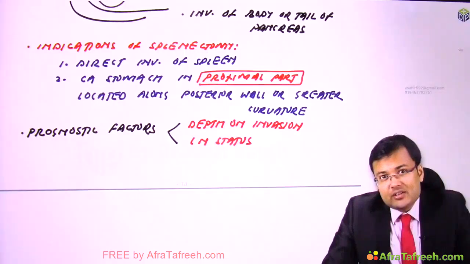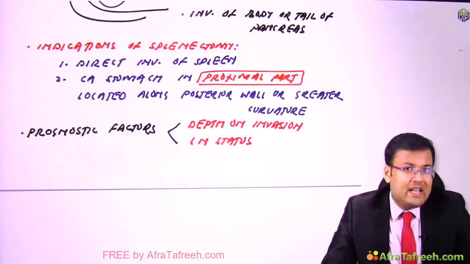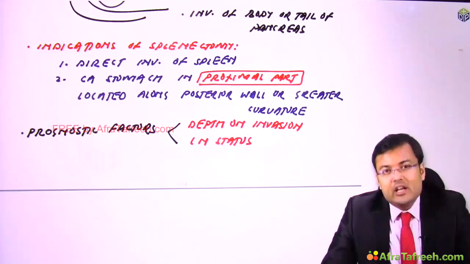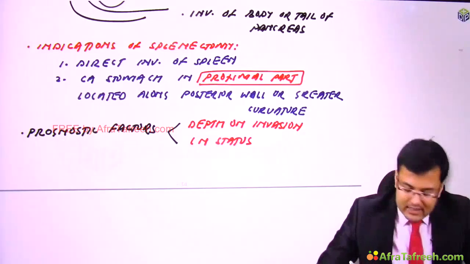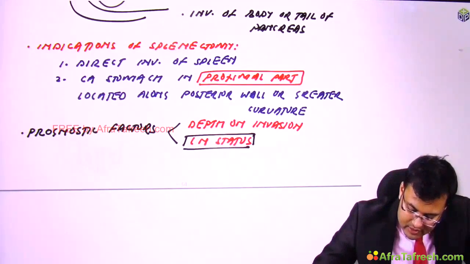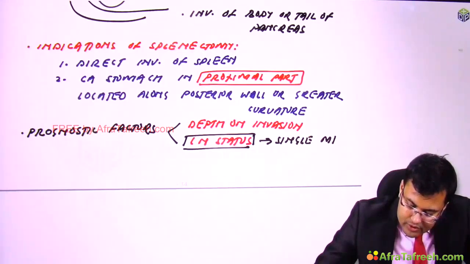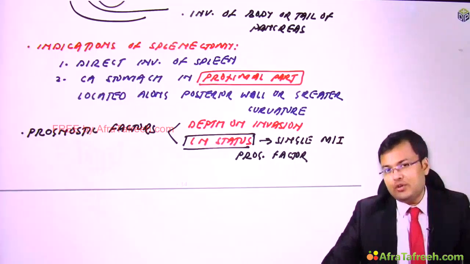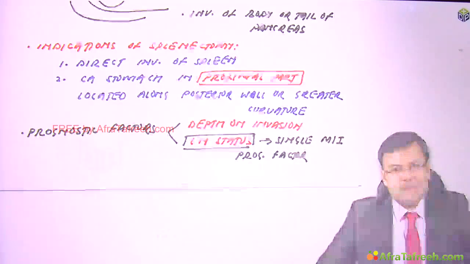It's the stage. Stage include T and M. And if a single most important prognostic factor is asked, it's the lymph node status. So this is the single, be careful, is the single most important prognostic factor. So this is how we are going to manage the carcinoma stomach.